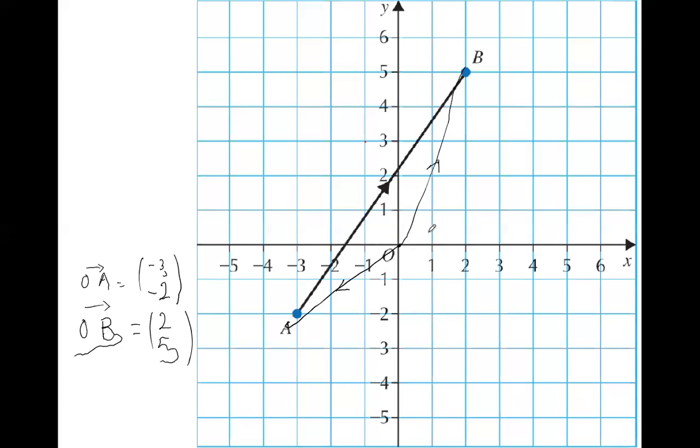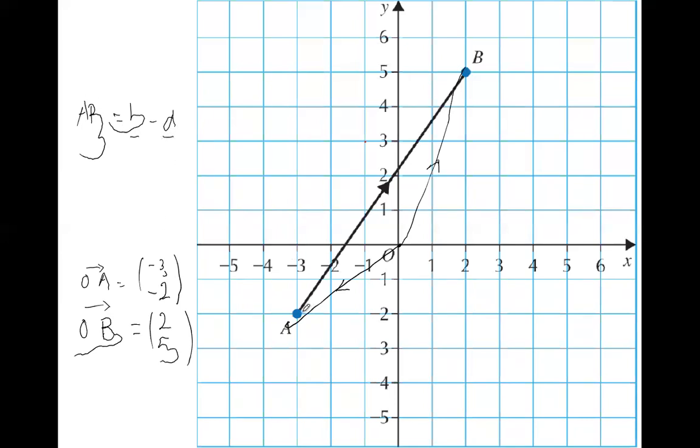So if you're asked to write vector AB, what we looked at last time we did this, we said that vector AB equals B minus A. And why was that B minus A?